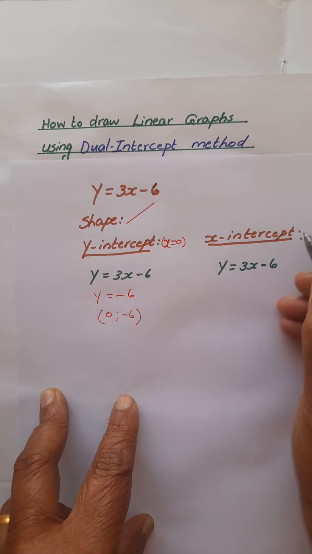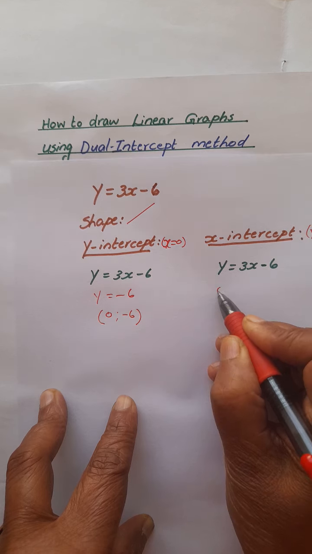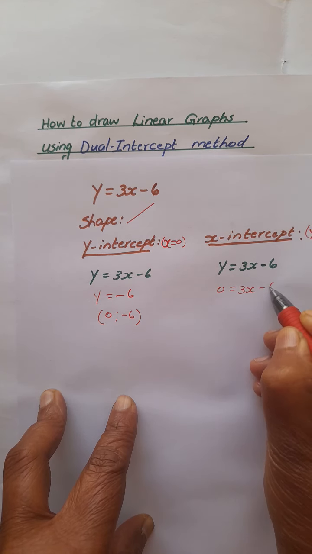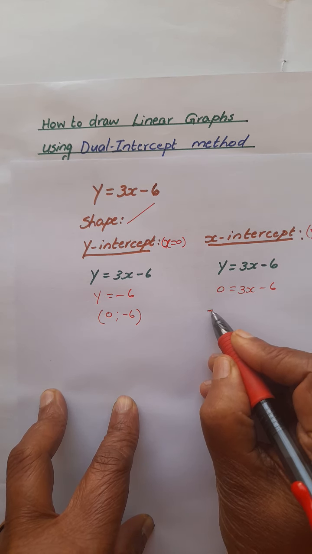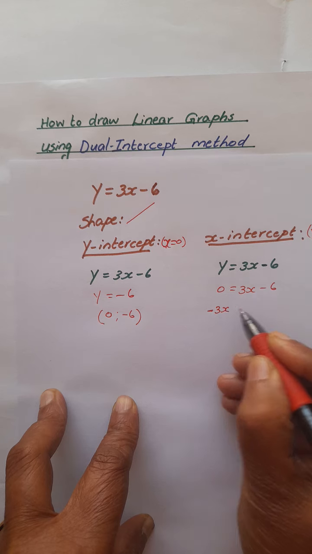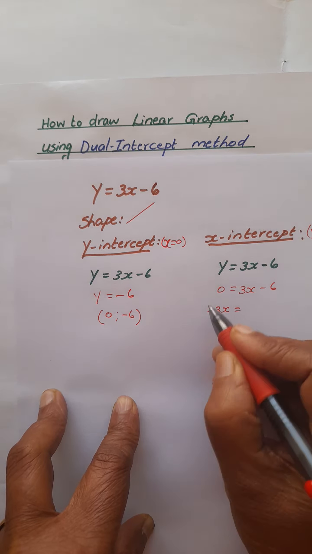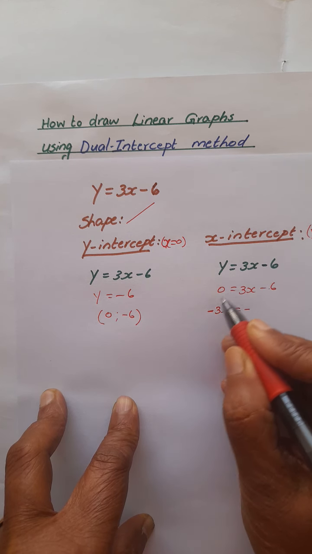Now for the x-intercept, y is equal to 0. So y is 0 here, then it is 0 equals 3x minus 6. Let's solve for x. Bring this to the other side. That is 3x, and this minus 6 becomes plus here, so it becomes -6 on this side.